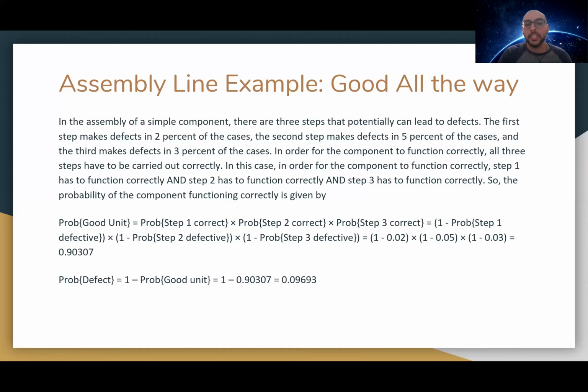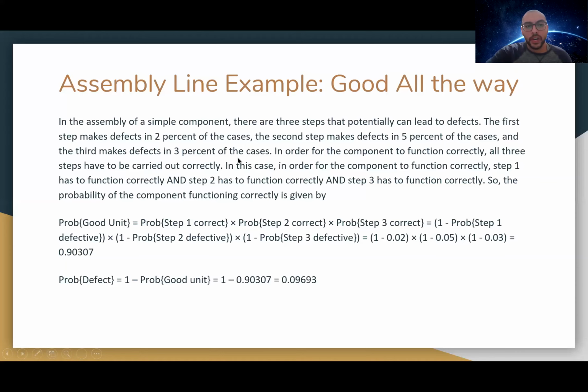So the probability of the component functioning correctly is given by probability of good unit, and that equals the probability of a good outcome in step 1 times the probability of a good outcome in step 2 times the probability of a good outcome in step 3.